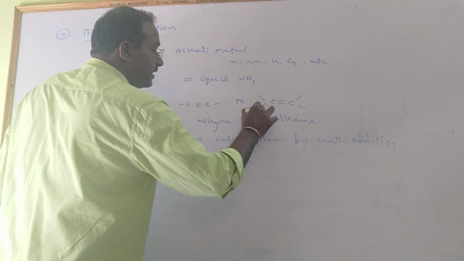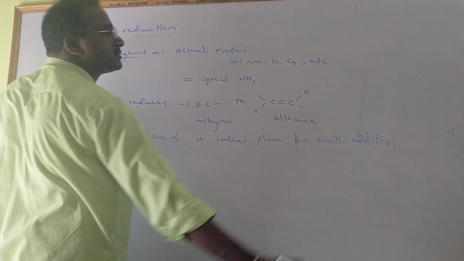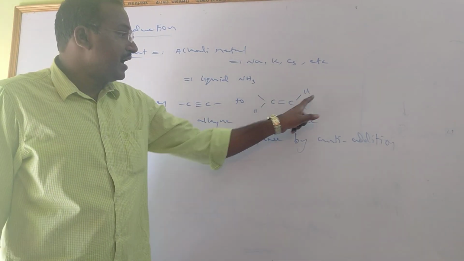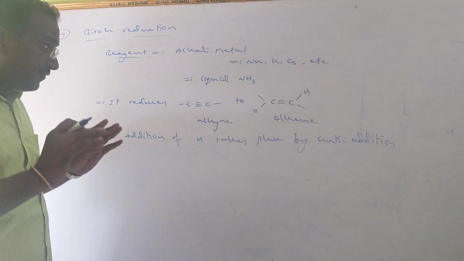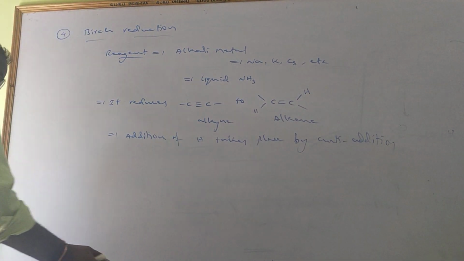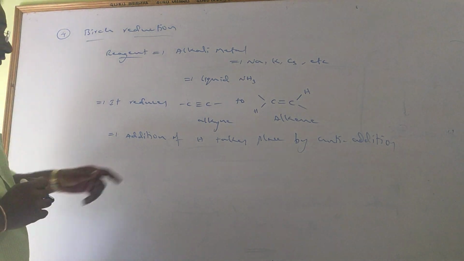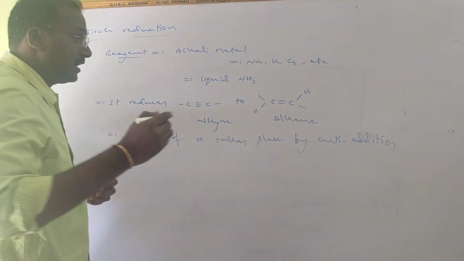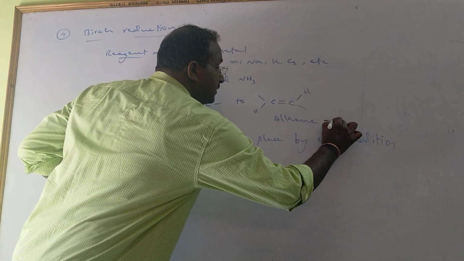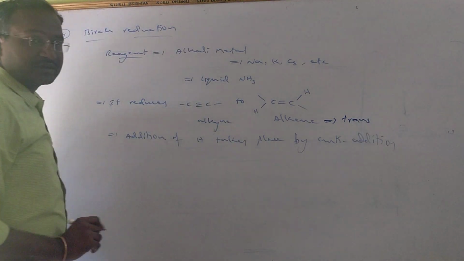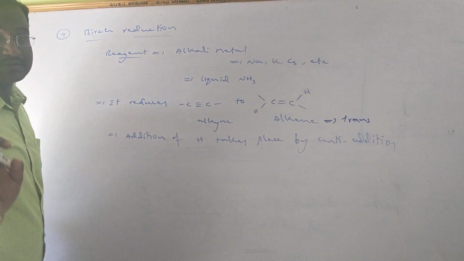Suppose we get it like this: one hydrogen will be added here, one hydrogen will be added here. So anti-addition takes place. If anti-addition takes place, the alkene formed is compulsorily the trans alkene. It will be the trans product, not cis.